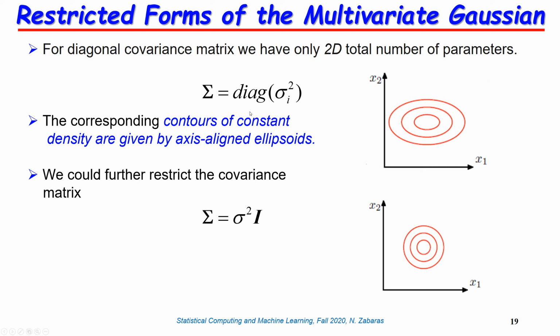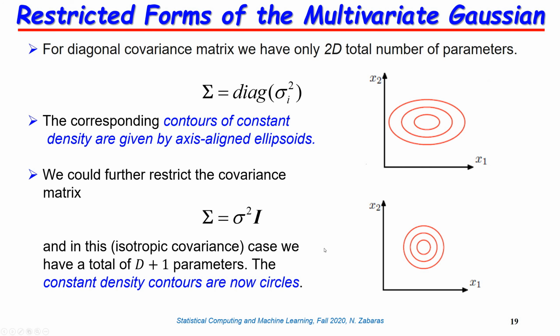So in the first case, you will need a total of 2d parameters: d variances in each direction plus d values for the mean. And in this case, you need sigma square, so 1 parameter, plus d values for the mean. So you need d plus 1 parameters to define completely this diagonal covariance case. All right.